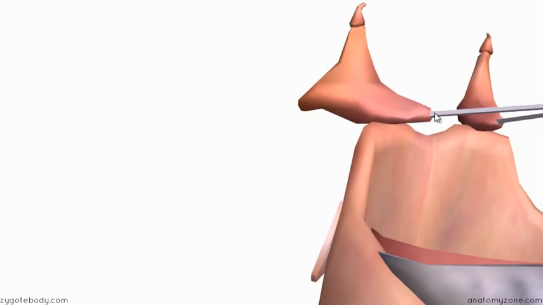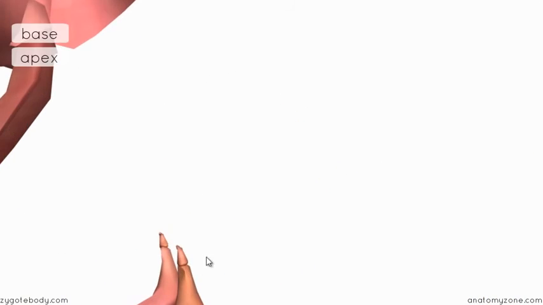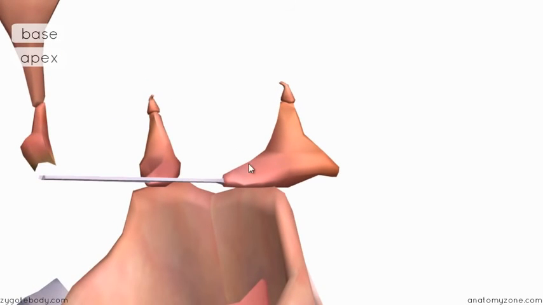So let's take a look at the arytenoid cartilage. They've got this triangular shape, they've got a base which articulates with the cricoid cartilage, and the apex articulates with the horn-shaped corniculate cartilage. You can see that the medial surfaces of the arytenoid cartilages face each other, and then you've got this anterolateral surface which has two depressions where muscles can attach and ligaments can attach, and you can see this obvious process pointing out here.